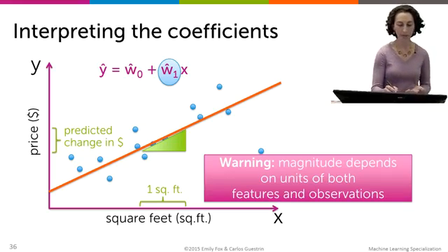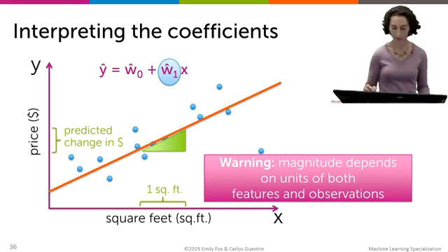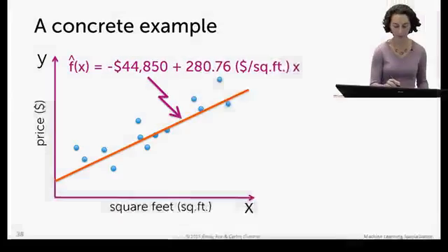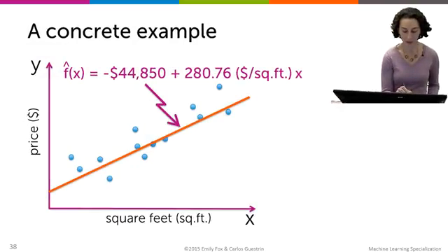And so if I gave you a house that was measured in some other unit, then this coefficient would no longer be appropriate for that. So let's make this a little bit more explicit.